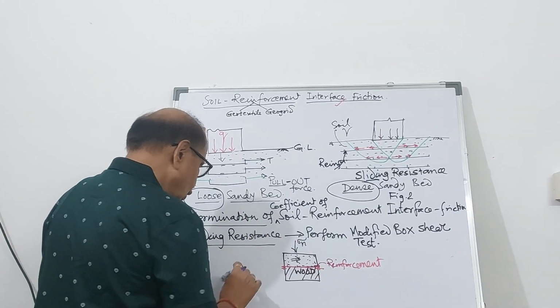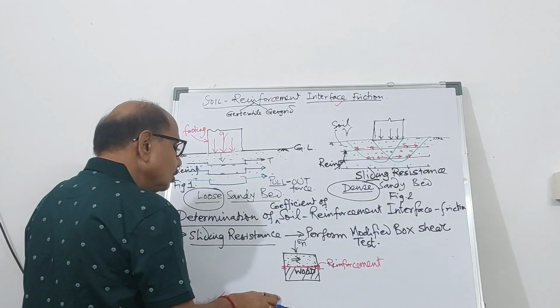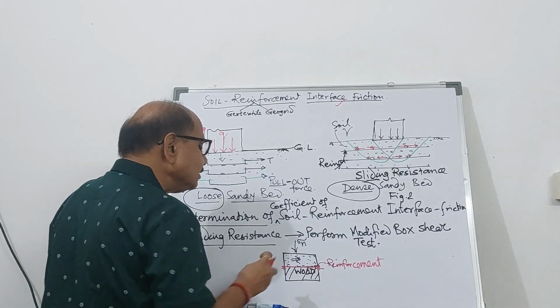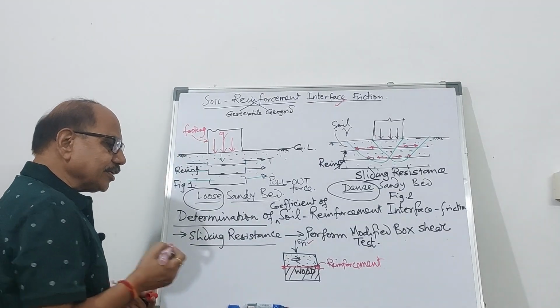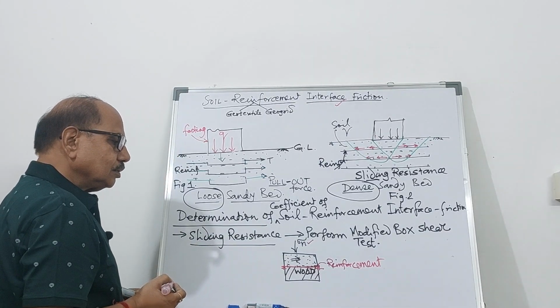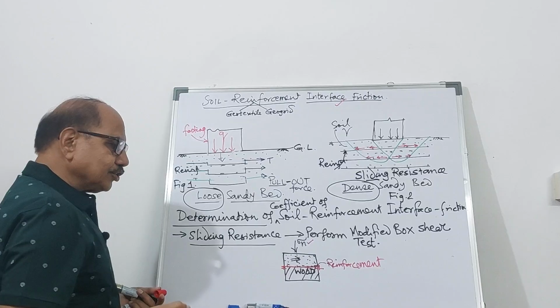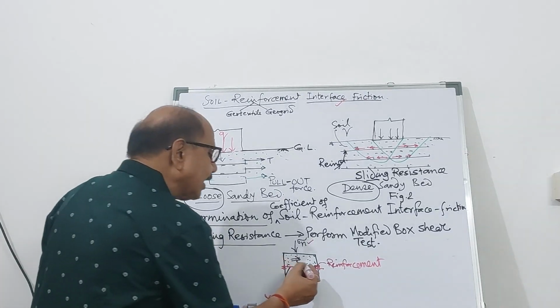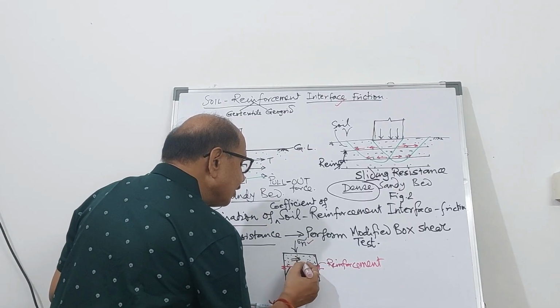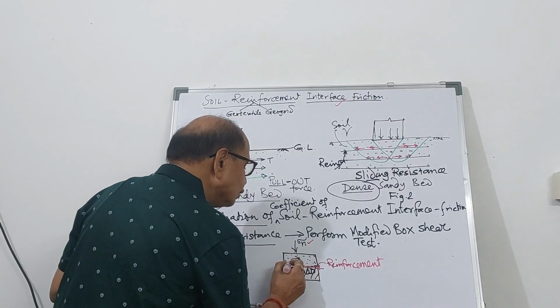You already know the magnitude of this sigma n, the normal stress. The vertical normal stress is known to you, and you can find out what is the development when it is trying to move.